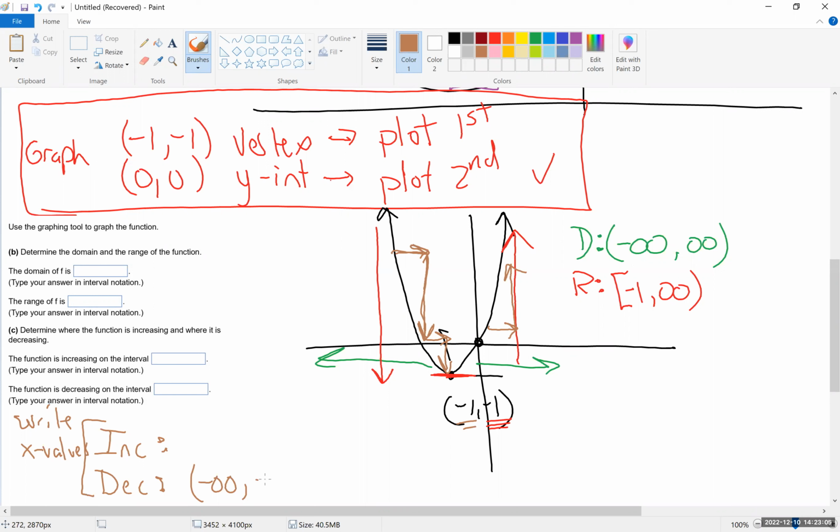So I'm going to write out what this stands for, so that when you're doing your test, you can think about what this means. This means from X equals -infinity to X equals -1, the function is decreasing. I'm going to write it all out: the function is decreasing.